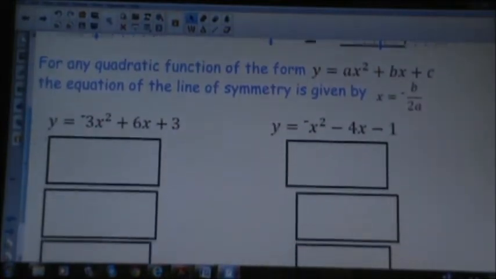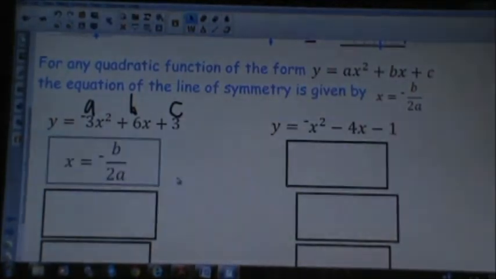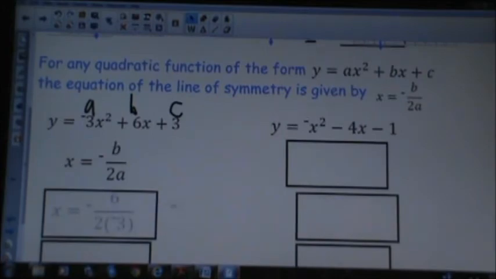So on your paper, I've given you this equation. Remember, a is what's with the x squared, so that's -3. So this is the a, because remember the form is ax squared plus bx plus c. So when I go to write my formula, x equals negative b divided by 2 times a, I'm going to plug in 6 for b and -3 for a. And it looks like that.